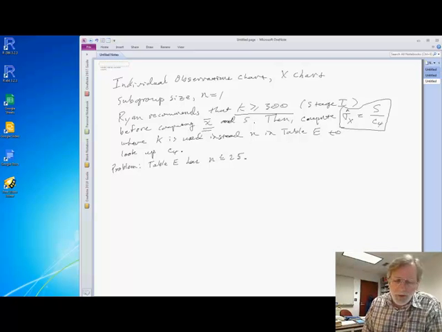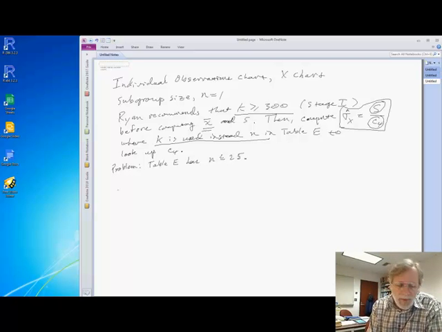Okay, so first, be clear about one thing. I'm going to take all my stage 1 data and compute S, and then divide it by my bias correction factor C4 using K instead of N, because my subgroup size, as far as the C4 value is concerned, is all of the observations in stage 1, because I'm not subgrouping, I'm just taking the original data.